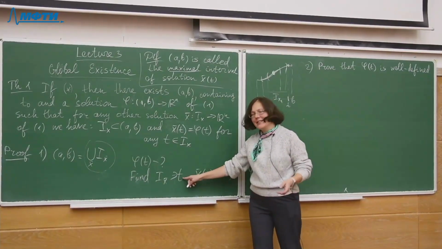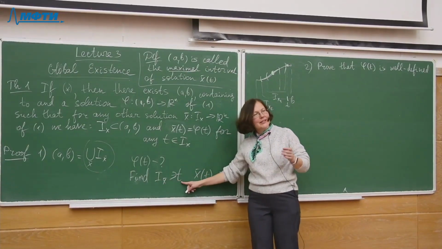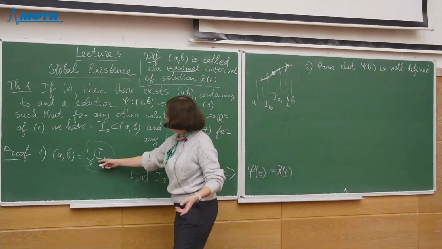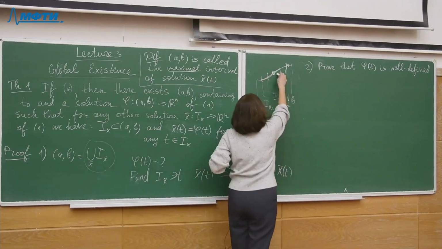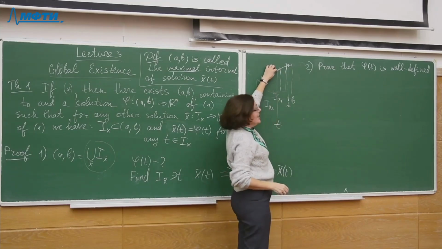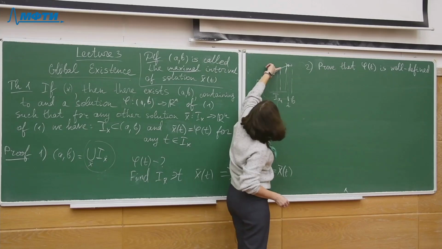So we take t. We have found an interval containing t, but maybe there are two intervals, right? So the union, you can see the union. Look at this figure. So for some t, maybe we take this t. It belongs to two intervals, this interval and this interval.